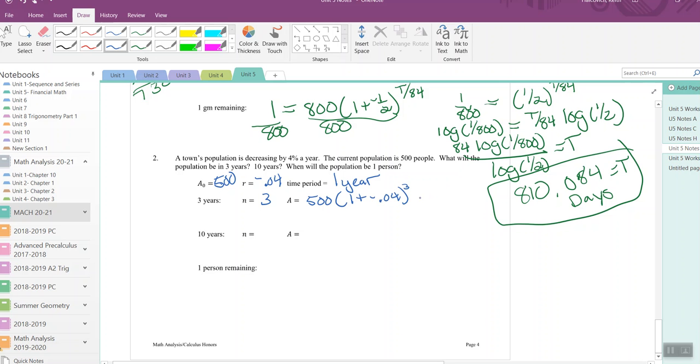So when you type that in your calculator, you get 443 people. Now in 10 years, n will be 10, so it'll be 500 times 1 plus negative 0.04 to the 10th, which will be 332 people.